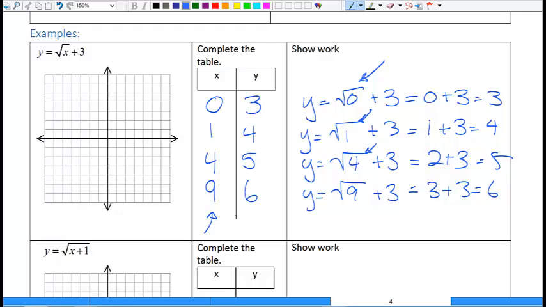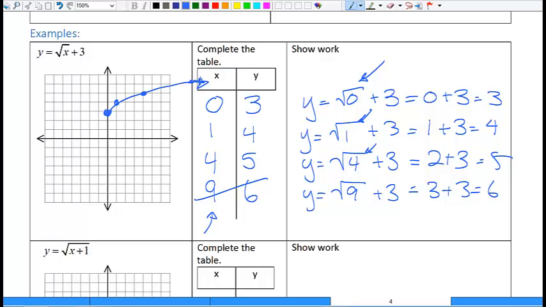Now clearly 9 is off my 7 by 7 graph, so I'm not actually going to be graphing this one, but I just wanted to give you a feel of where the values are coming from. So when I plot 0, 3, that's left and right 0 and up 3. Then 1, 4: 1, 2, 3, 4, 5, and the next one would be out here, 9, 6, off my picture.